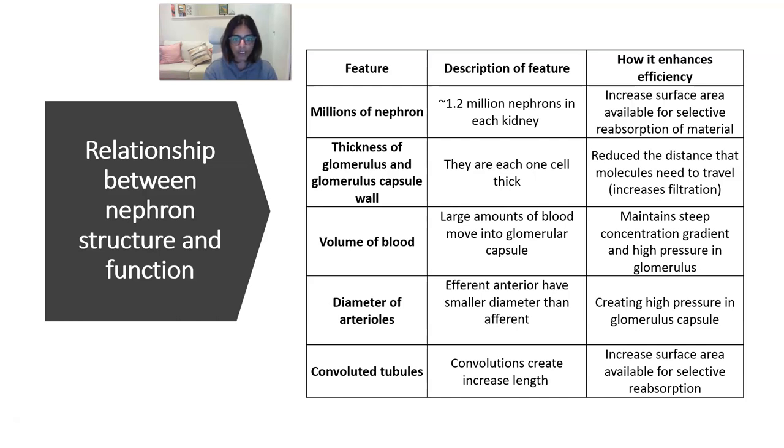Please note as well the use of key language. So I'm talking about the efferent and afferent arterioles. I've used the word convolutions, and I've talked about reduction in diffusion distances, and I've mentioned things like concentration gradients.